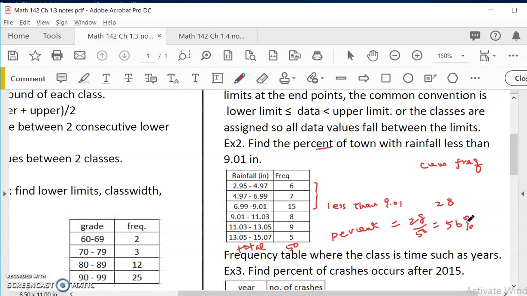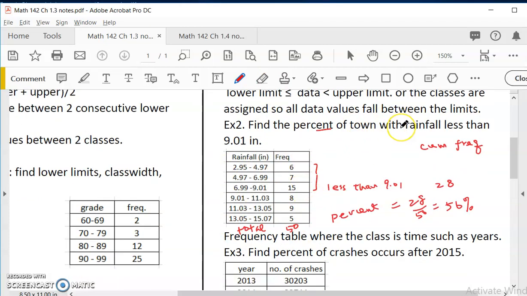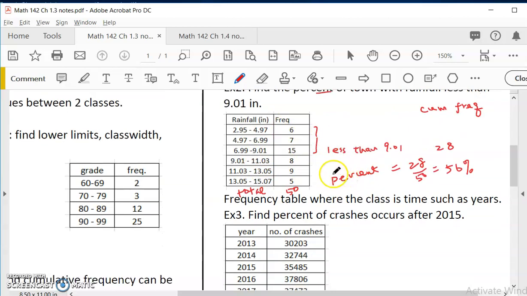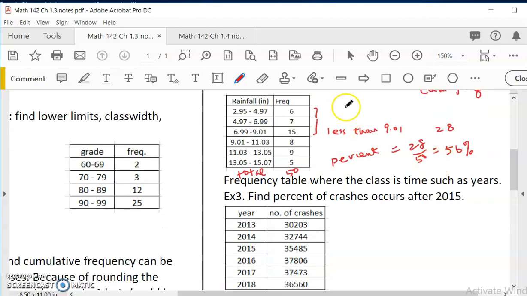If you use a calculator, that's exactly 56%. So sometimes you would use these frequency tables to answer questions like this. Maybe if it's less than 9.01, that time is classified as drought or something. You would want to find out in how many months they have drought, something like that.